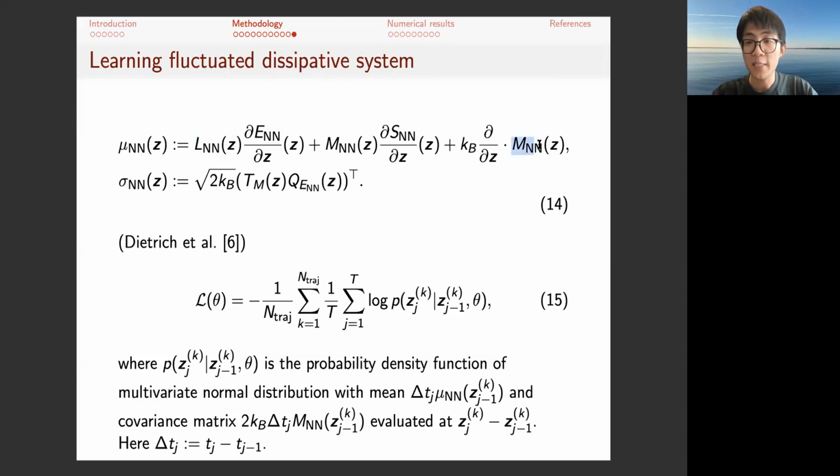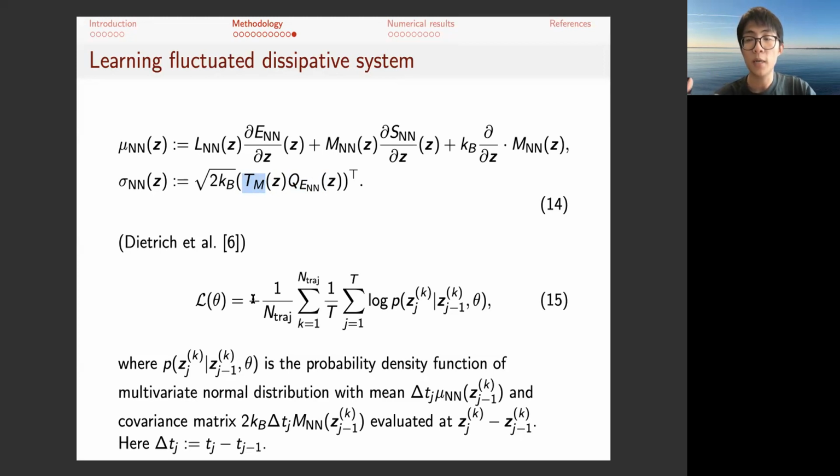And through our parameterization of the M matrix, we find that the square root through Cholesky decomposition can be automatically obtained through TM times QENN, where TM is the triangular matrix that we discussed before. And because this is a stochastic differential equation, the loss function has to be designed in a different way, in the sense that we utilize the loss function from a recent paper of Yannis.